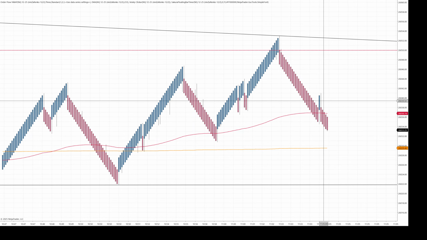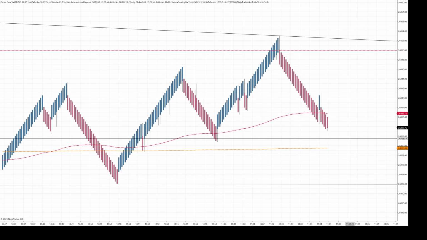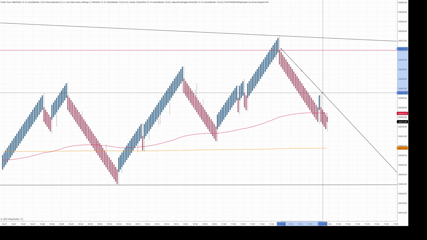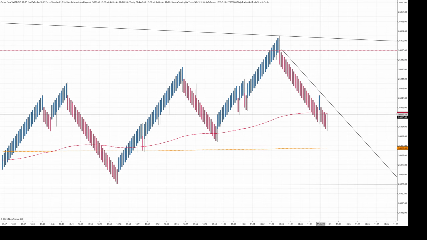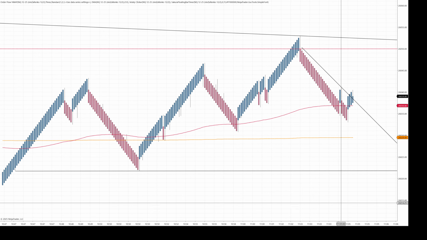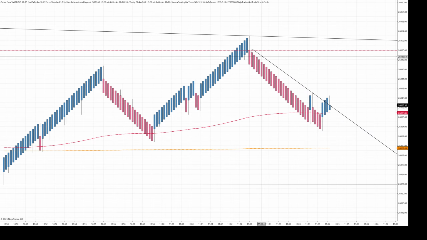Okay, we did need to wait for those 4 bricks, apparently. And again, this one triggered underneath this trend line.